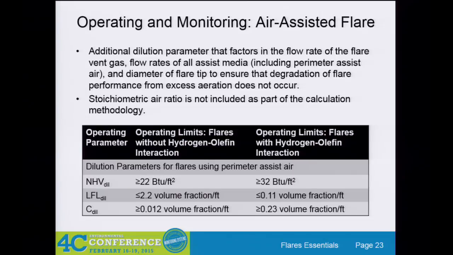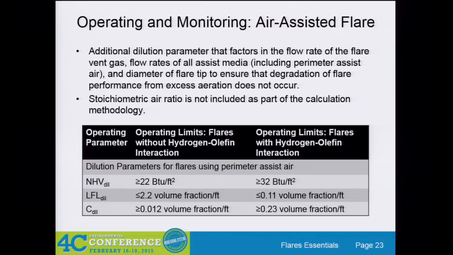The setup is very similar to the other flare limits, but you now have these dilution parameters. What they basically said was that using just a straight-up net heating value in the combustion zone was not effective enough at controlling air-assisted flares.